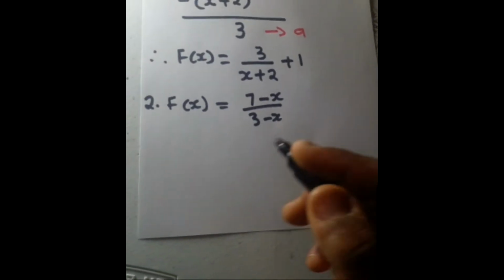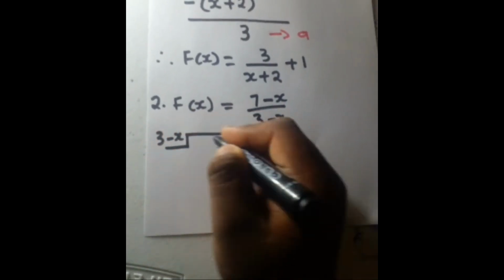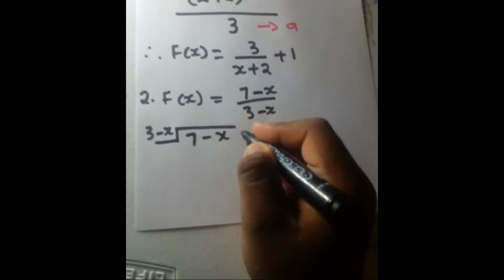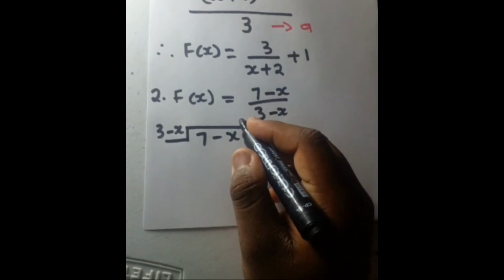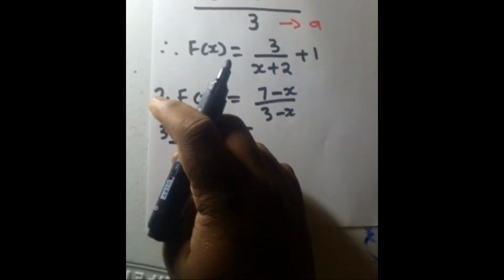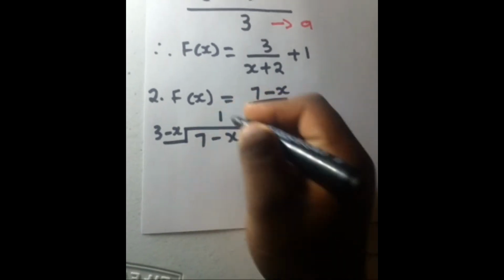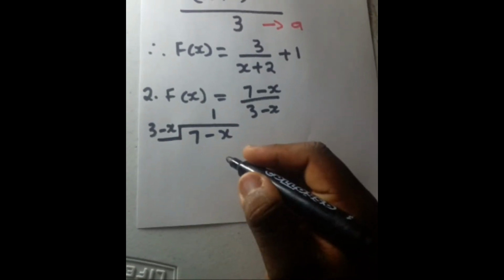Same thing. 3 minus x, 7 minus x. Now you're going to start. How many times does negative x get into negative x? It is once.